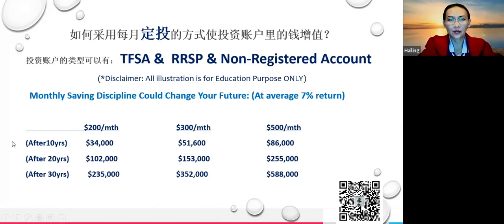If you have more money to save every month, $300 per month, after 30 years at the point of retirement, you shall see $352,000 around that amount. Of course, $500 per month saving after 30 years, the retirement accounts will be more than $500,000.